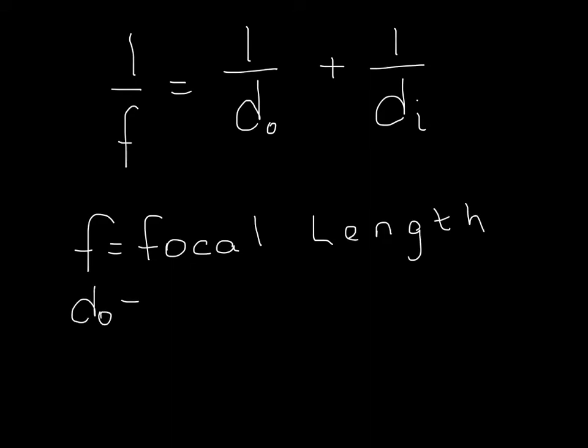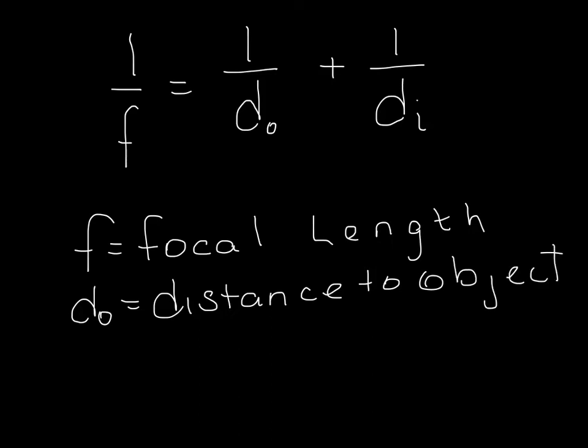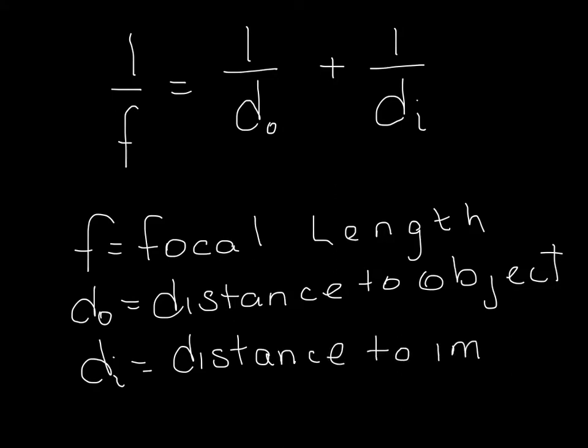DO is distance to object. And DI is your distance to image.